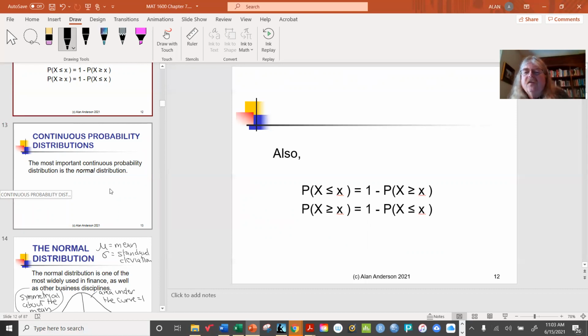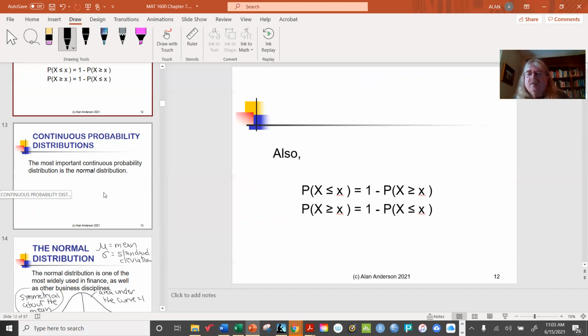So, first, as I mentioned before, we're going to focus our entire attention in this chapter on the normal distribution because it's so important. It's used everywhere. And a lot of the results that we see in statistics are based on the assumption of normality. It's just basically everywhere.